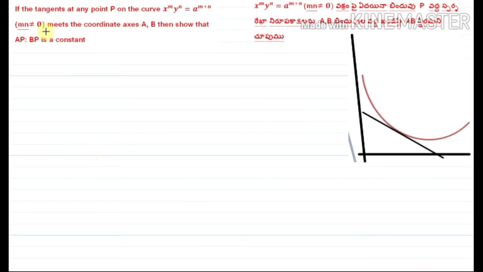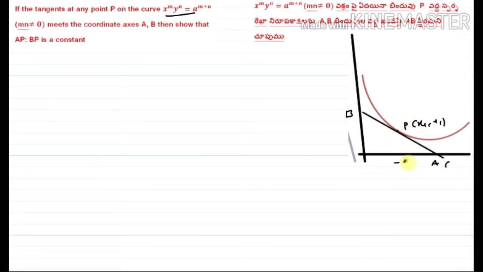So this is also a similar problem. If the tangent at any point P to this curve meets the coordinate axes at A and B, the tangent intersects the coordinate axes at A and B. And at this particular point P, the tangent is drawn, x1 y1.